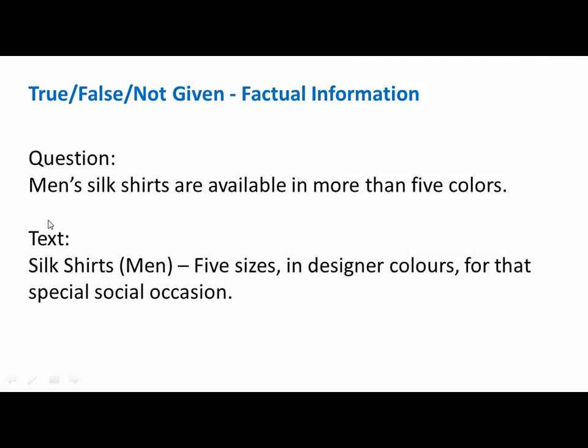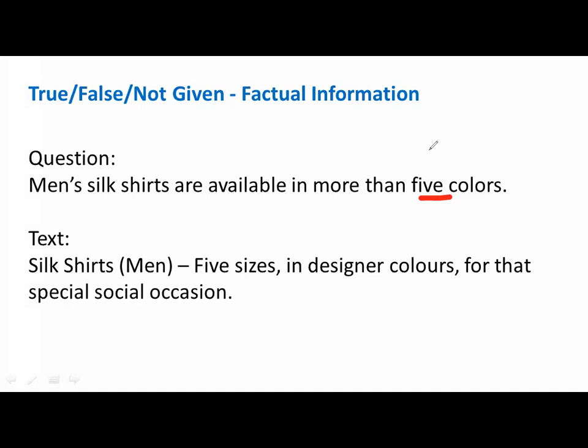Now the question is, men's silk shirts are available in more than 5 colors. If our text will say men's silk shirts are available in 3 colors, 2 colors, 1 color, that means if the information is wrong, we will say it false, because there are only 2 ways to say something false.